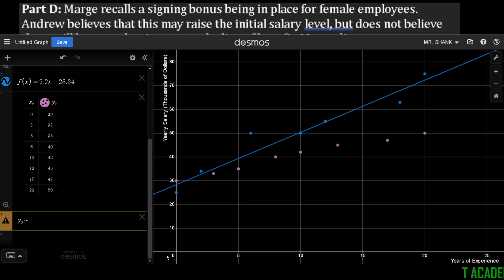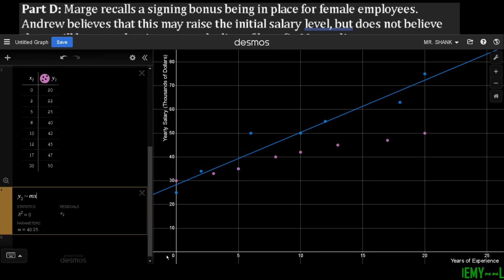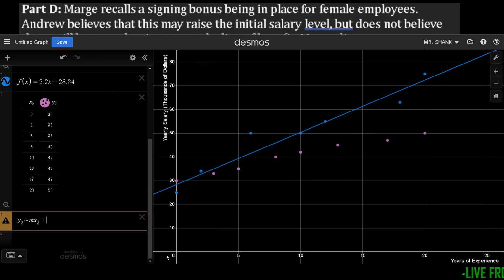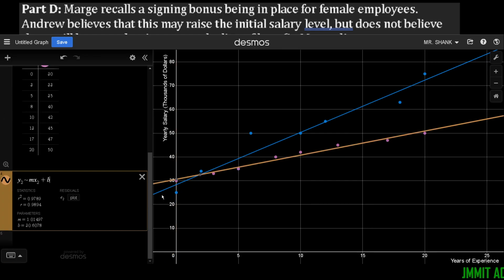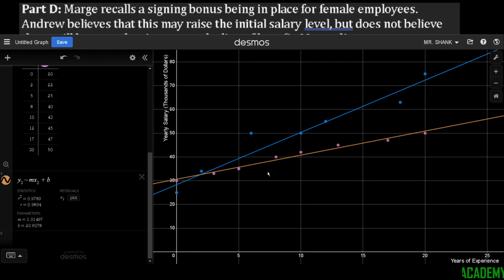And same thing, I'm going to say M X sub 2 plus B. Notice how it graphs that line out for us. We know we're on the right track because notice how it has a different line and kind of cuts through those points on the scatter plot. We have our value for M and our value for B, and so it comes up with this linear graph.